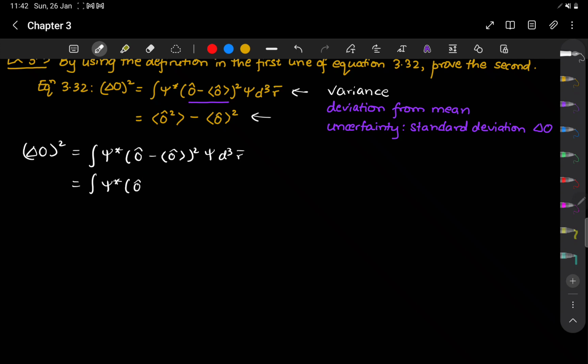So this is O cap squared minus 2 expectation of O times O cap. Remember, expectation of O is the average value, which is just a number, and O cap is the operator. It will operate on any state. And then plus expectation squared. This is just opening this bracket over here.